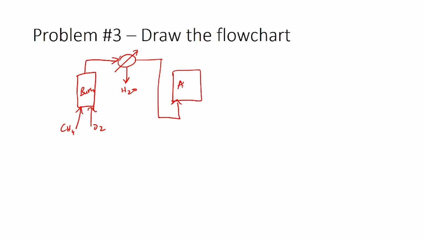So, let this be the absorber, and in the absorber you also have a solvent. We have not been told what solvent, it is just some pure solvent which is being fed to the absorber, and this solvent carries out all the CO2 and 97% of acetylene in the liquid form.